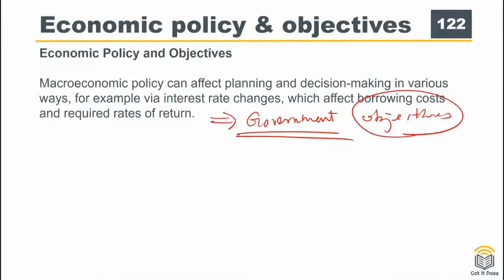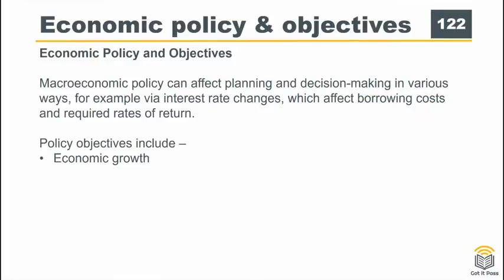So we talk about how the government affects your business here. We'll talk about the financial management environment. First topic, economic policy, which means how government policy affects your business. So you have to define the policy objectives as the government objectives, including economic growth.